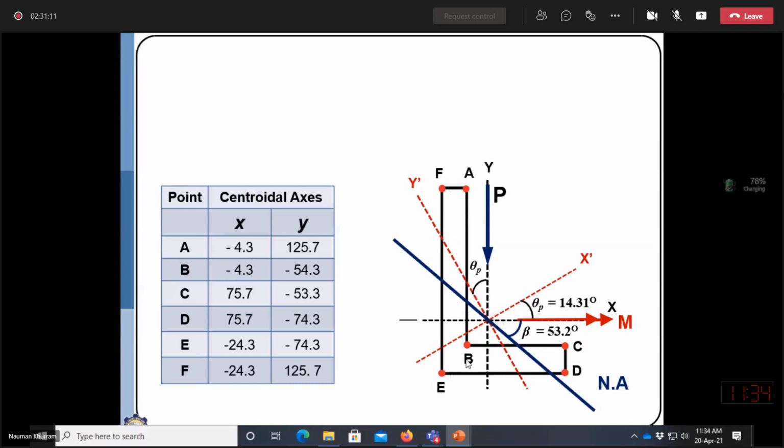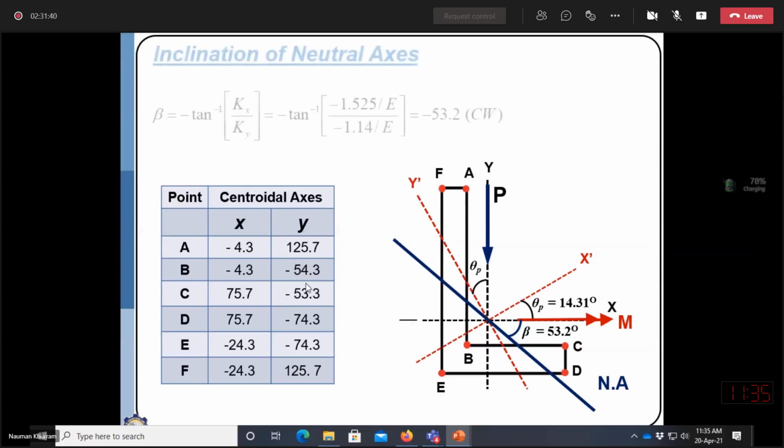Similarly, E and B are in the third quadrant, their x and y values will all be negative. And points C and D will have their x value positive and y value negative. So you need to substitute these x and y values for any point under consideration with their quadrant sign.